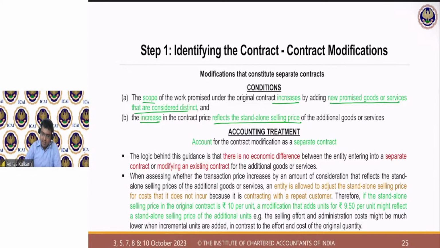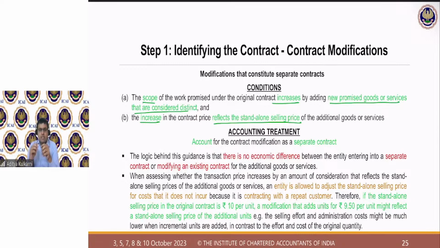Now, what does this mean? This means that the fresh order which you get, the fresh contract which is identified, has an increased selling price which reflects the standalone selling price.